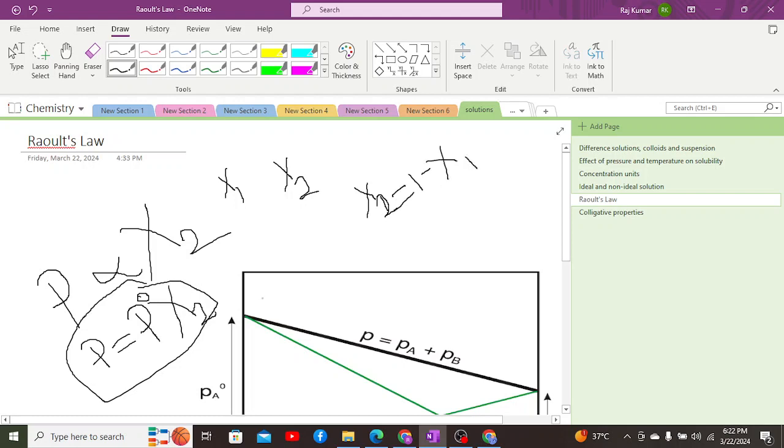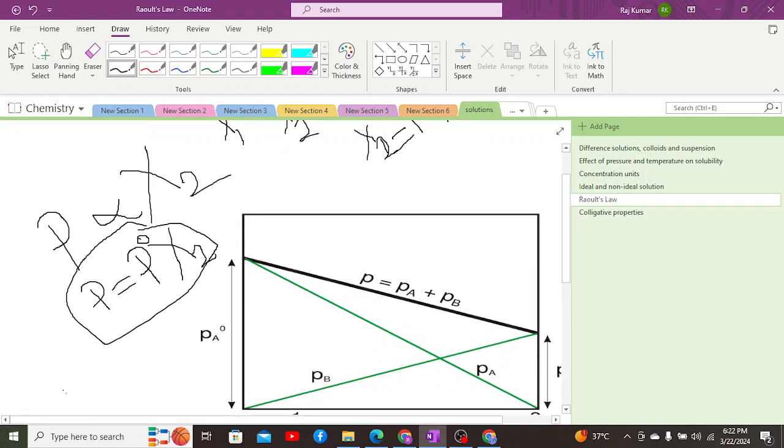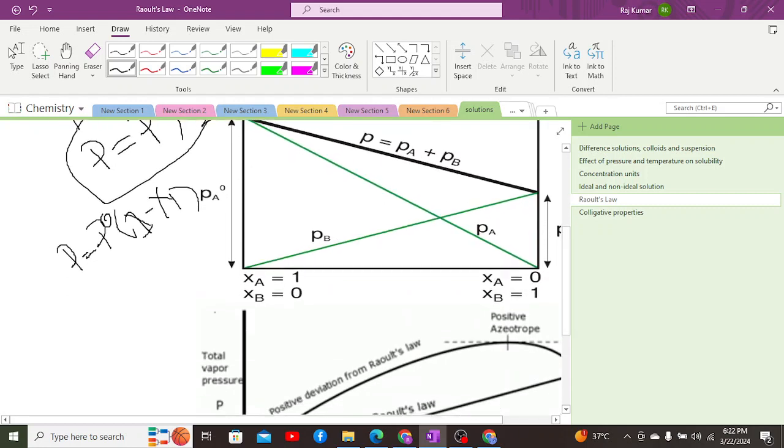Putting the value of x2 over here, P is equal to P naught (1 minus x1). Expanding it, P is equal to P naught into 1 minus P naught x1.